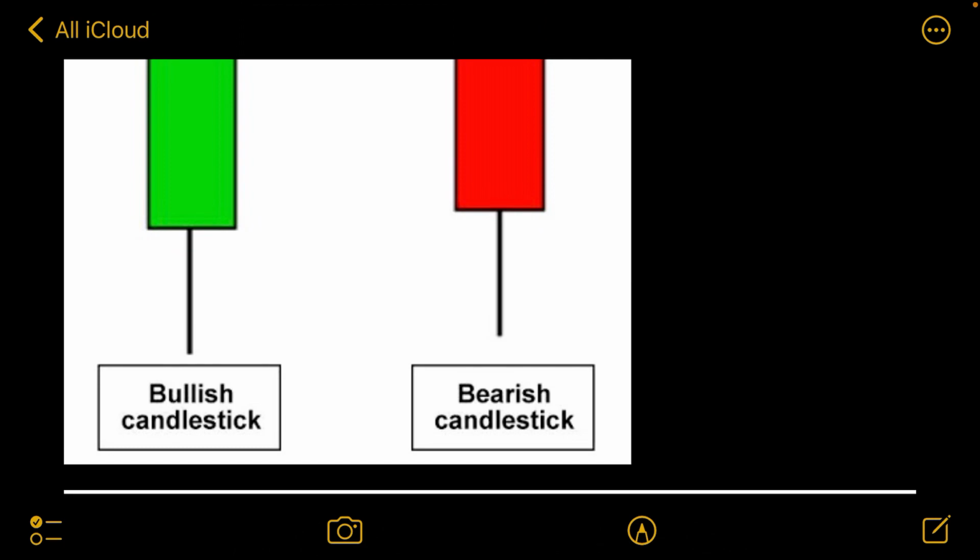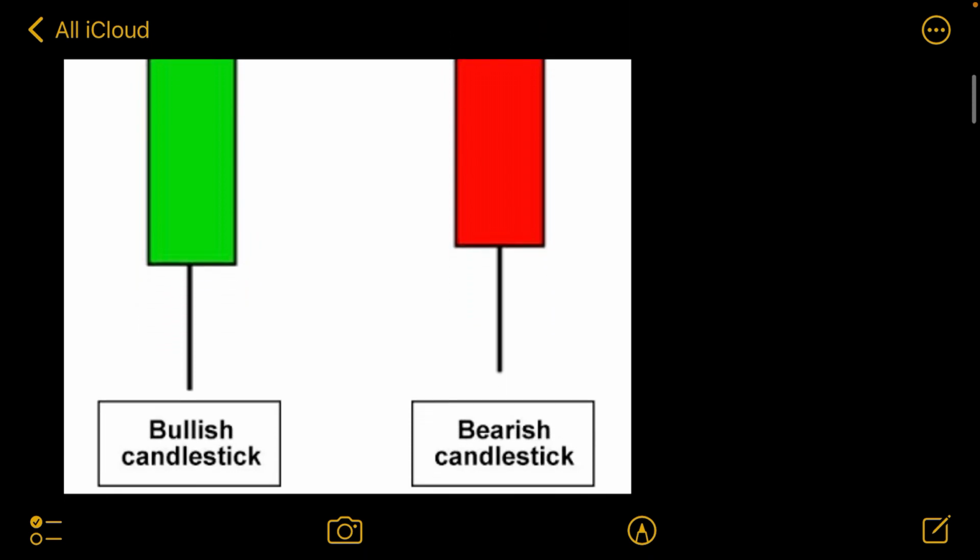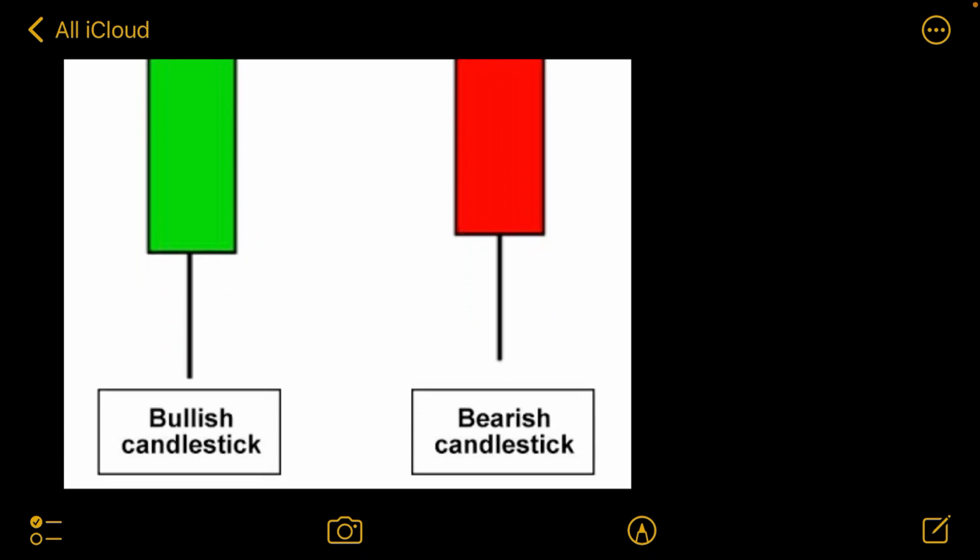Likewise, with your bearish candlestick, the red candlestick, as you can see in this picture, this is a bearish candlestick. So the bearish candlestick is the opposite of the bullish. The bearish is when the market is trending downwards. So whenever you see the market going lower and lower and lower, whatever color the candle may be, as long as it's going lower, it is referred to as a bearish candlestick.